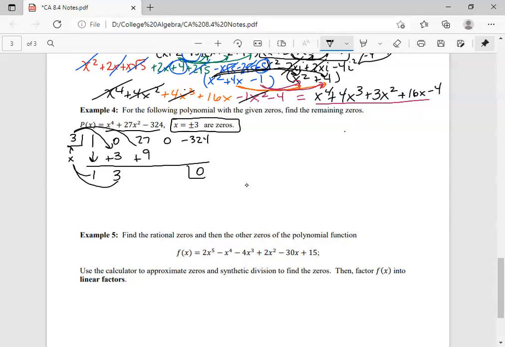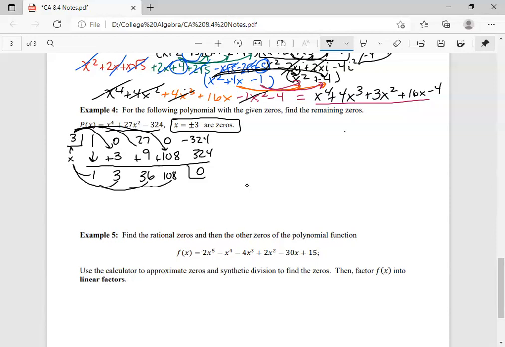Add these, 27 and 9, 36. You multiply the 36 times the 3, you put the answer right here. 36 times 3, 108. You add these, 0 and 108 is 108. Take the 108, you multiply it by 3, and you get 324. Negative 324 and positive 324, 0.